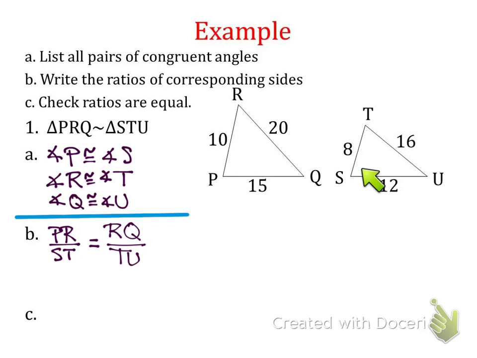Sometimes the pictures definitely line up, as these two do, but sometimes it'll be rotated. Compare the first and the last letter to the first and the last letter in the names.